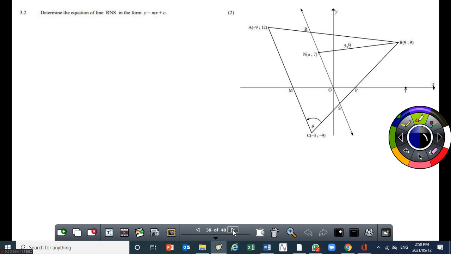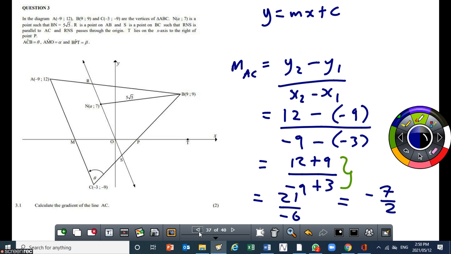So your line RNS, this is point R, that's point N, and that's this point S. So we need to find the equation of that line. Now, we have to go back to the original question so that we can see if there is any information that will help us to do so.